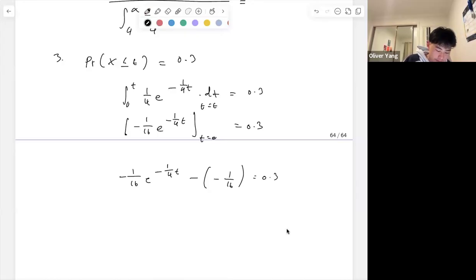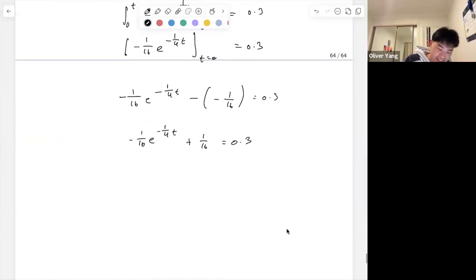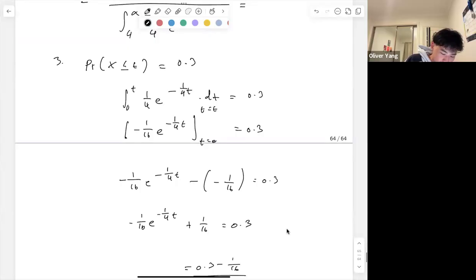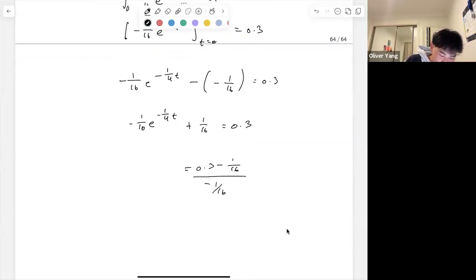Equals 0.3. So you get plus 1 over 16. Yeah. And now you just rearrange, basically. So 0.3 minus 1 over 16, divided by negative 1 on 16, equals e to the, right?